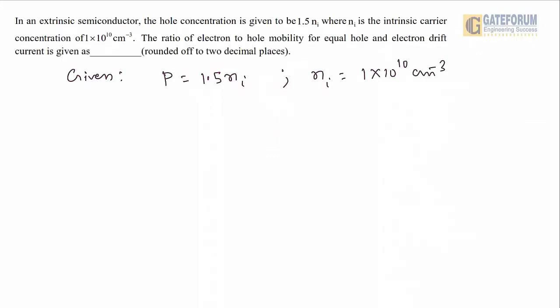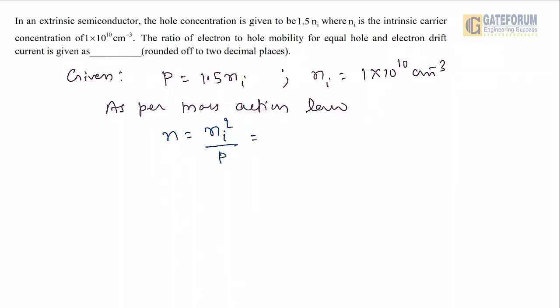And we know that as per the mass action law, if the hole concentration is given, we can easily find out the electron concentration. So here, as per mass action law, n is equal to ni squared divided by the concentration of holes, p.